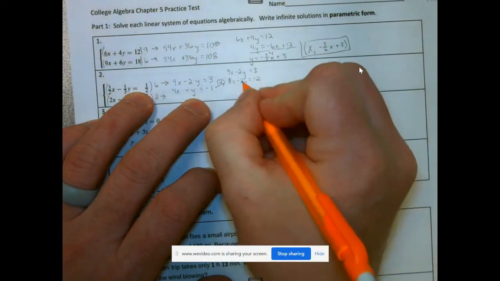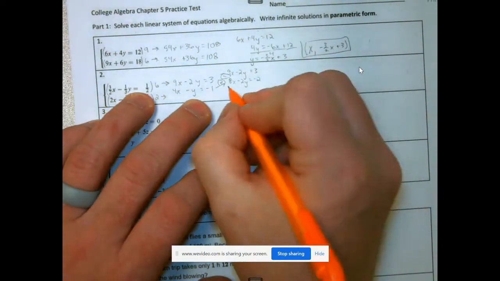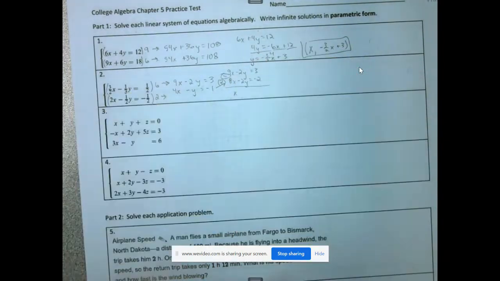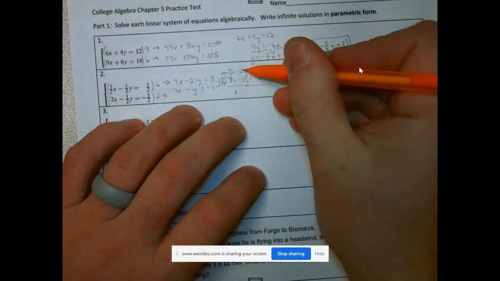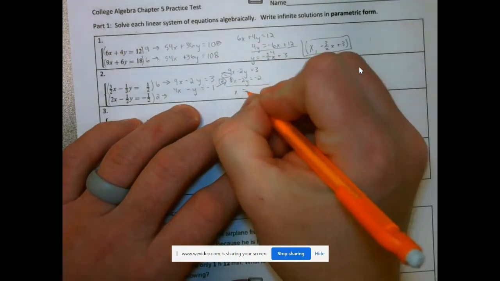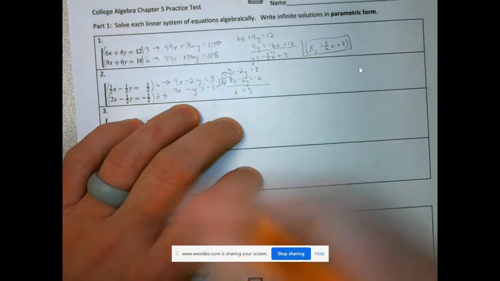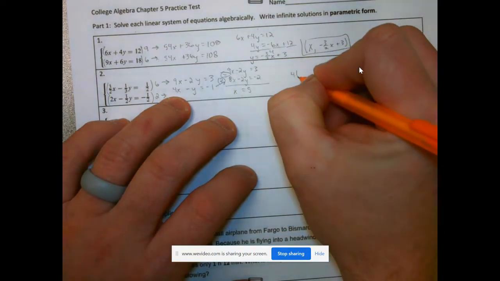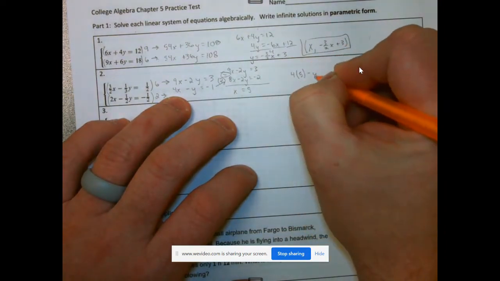And because these are the same, I'm going to subtract. So 9 minus 8 is 1, and negative 2 minus negative 2 is 0, and 3 minus negative 2 is 5. Then I take this x value and plug it back in. So you have 4 times 5 minus y equals negative 1.